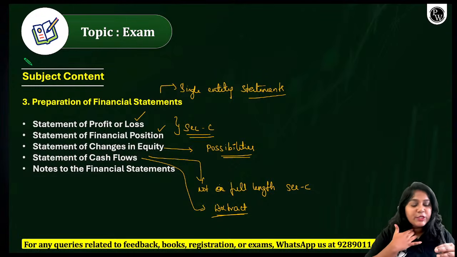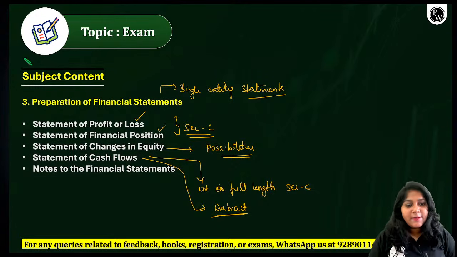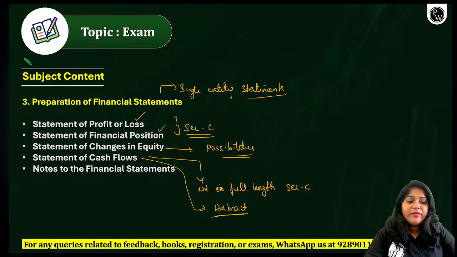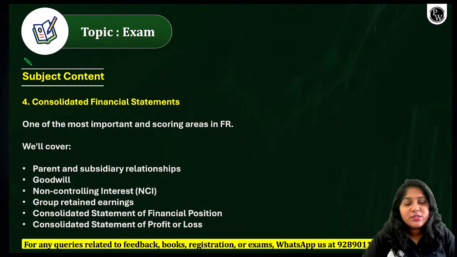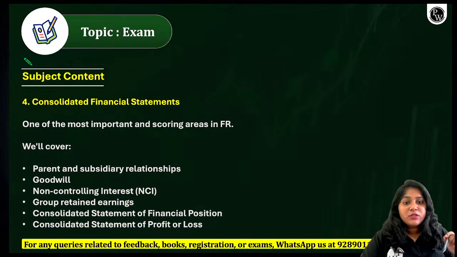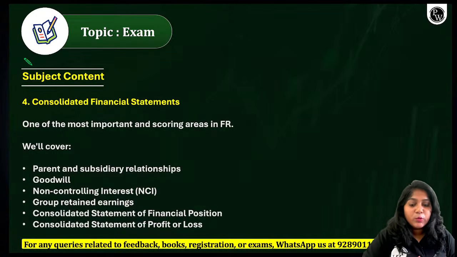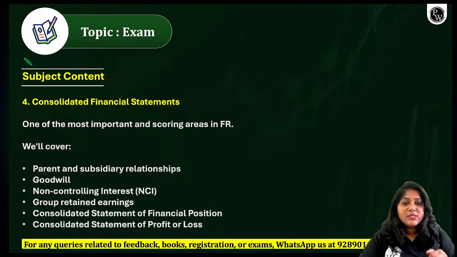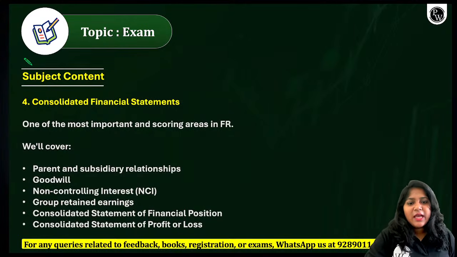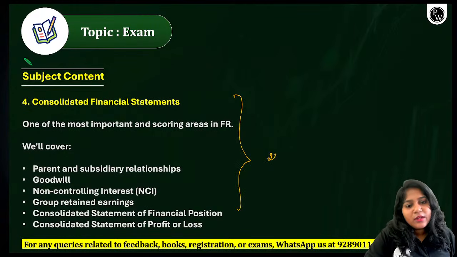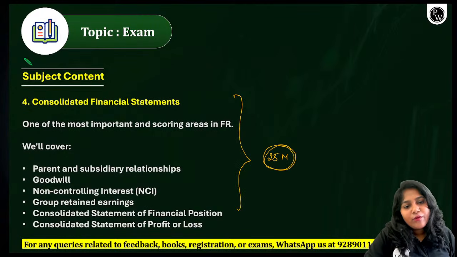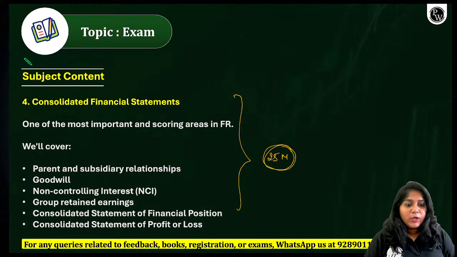Then comes consolidated financial statements. It is one of the most important and scoring areas in your financial reporting, because consolidation of financial statements carries a good 25 marks of your financial reporting syllabus.